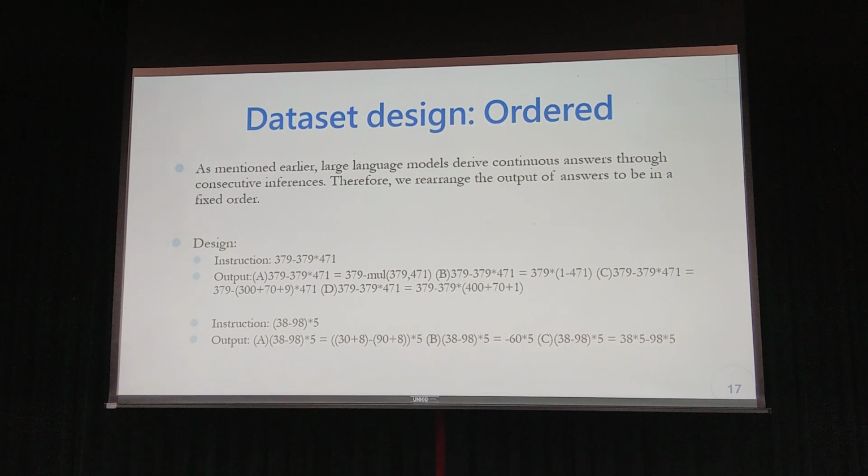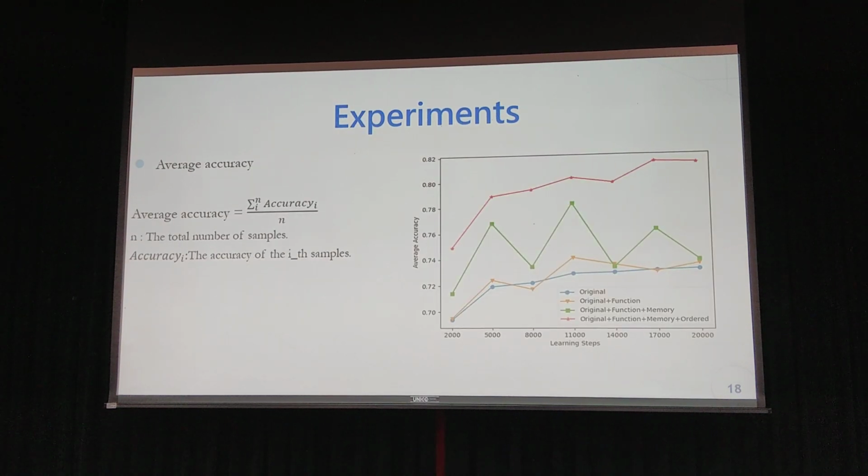Below is an example where you can see that the order of the answer basically corresponds to the calculation process from left to right. So it can give the model more references for what the next digit is for this question.